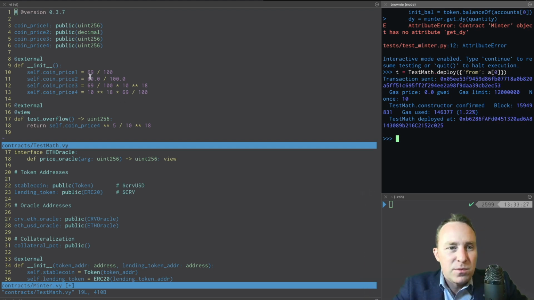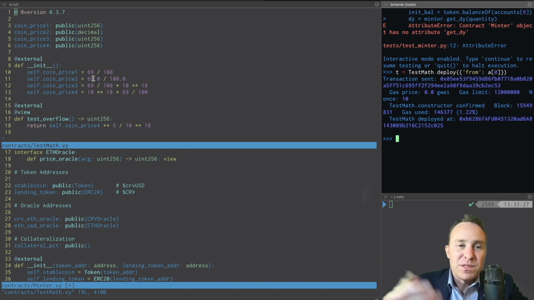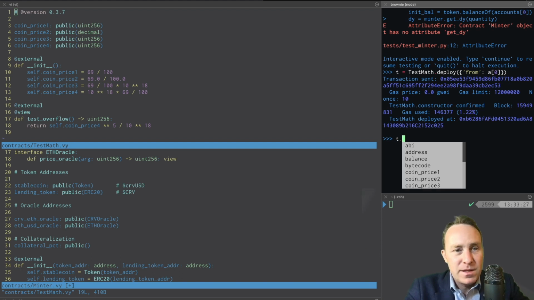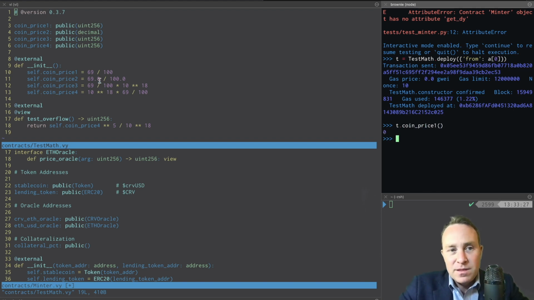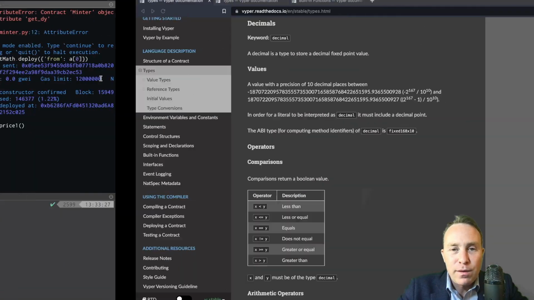The first is just, let's assume that the current price is 69 cents. And we would like to represent this. Now, of course, this is going to fail because we're dealing with a uint256 and we're trying to deal with a decimal. So if we actually call this coin price 1, you can see that this is obviously less than 1, so it rounds down to 0. By default, we're using integer math.